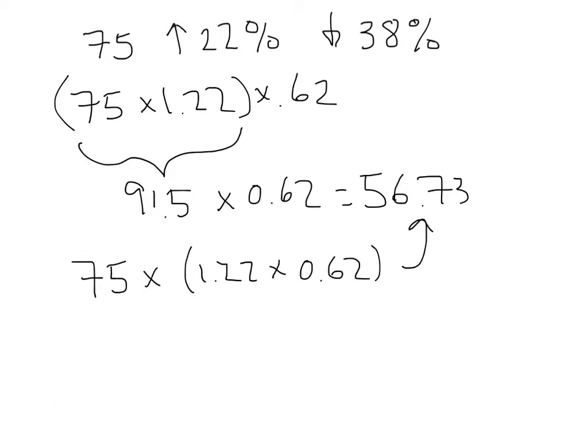So 1.22 times 0.62 is 0.7564, and if you multiply that by 75, you will verify that you get 56.73. In the next slide, we'll do a more complicated one yet, and finish with the fourth slide for showing how to find where you started with this method given where you landed.